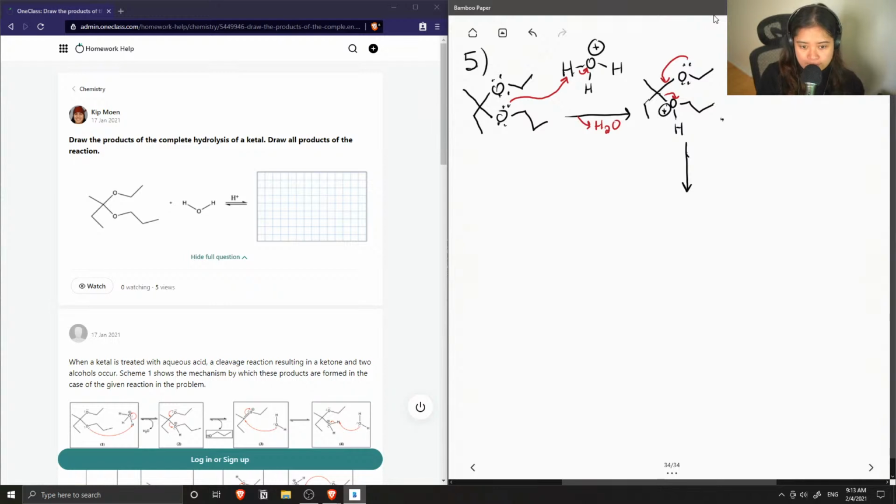Making one of our products a 3-carbon long alcohol group. So this is one of our products, which is propanol.